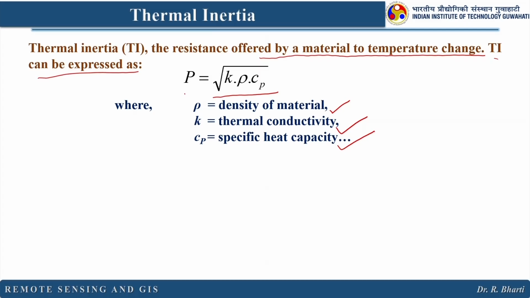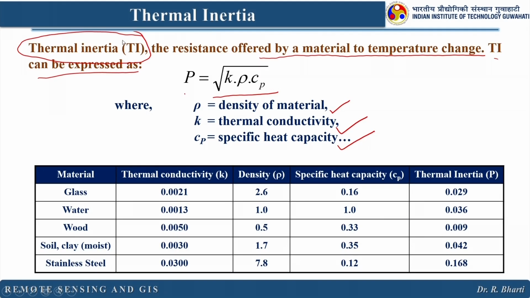If you have a material and you know the density, thermal conductivity and specific heat of the material, then you can easily find out the thermal inertia value of that particular target, right. Here you can see thermal conductivity, density, specific heat, and then we have calculated the thermal inertia. This thermal inertia is a very important parameter, but for all materials can we calculate it? Yes, provided you have all this information.